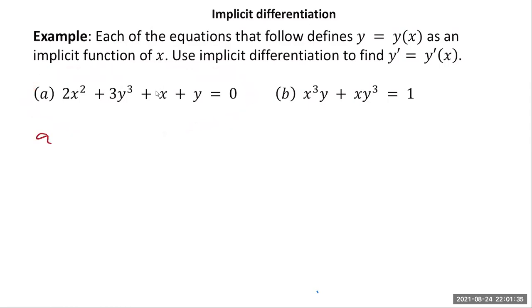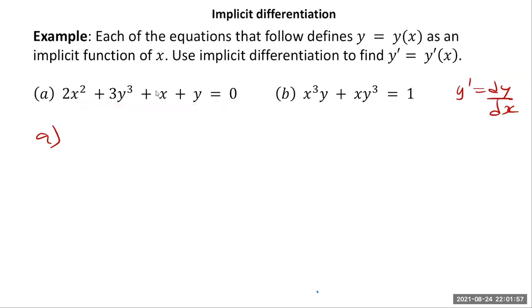Recall that y prime is dy over dx, or the slope of the function y. Well, what you do is you differentiate both sides of this equation with respect to x.